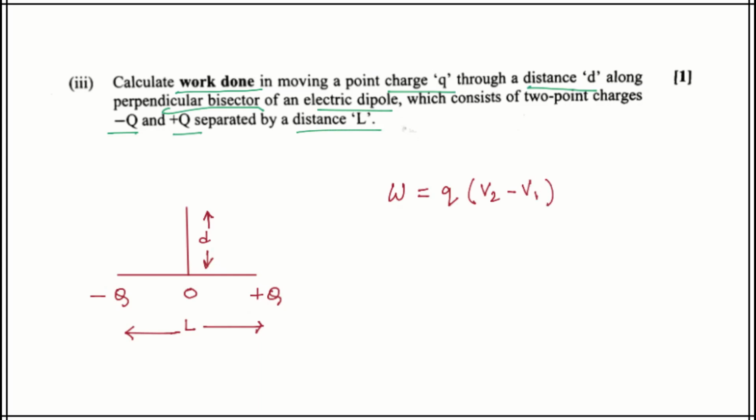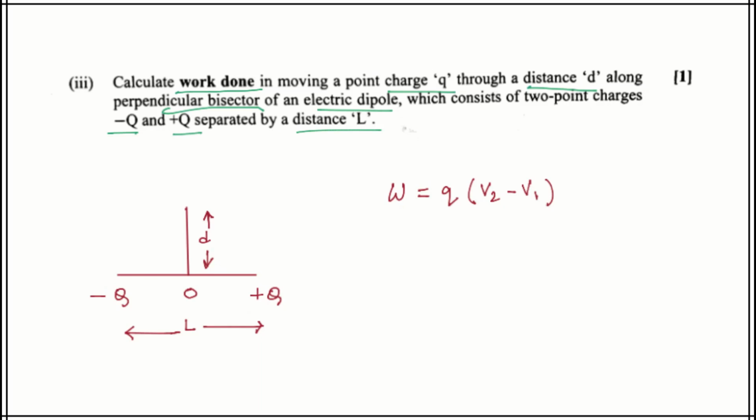As it is a point on the bisector and equidistant from both charges, the potential for plus q and the potential for minus q are the same in magnitude and opposite, so they cancel out.